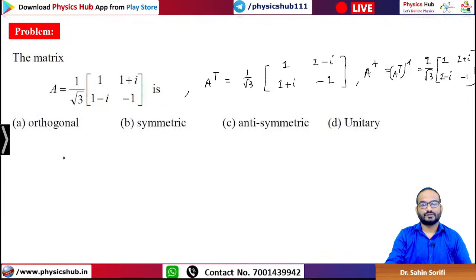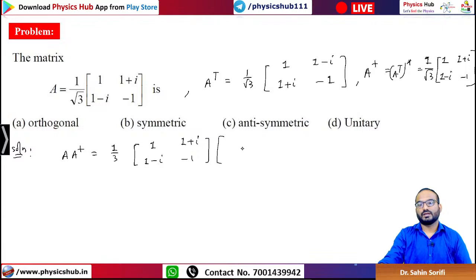Okay, so let's calculate A dagger A. 1 by root 3 into 1 by root 3 is 1 by 3. A is 1 minus I, 1 plus I, minus 1. A dagger is 1 plus I, 1 minus I, minus 1.